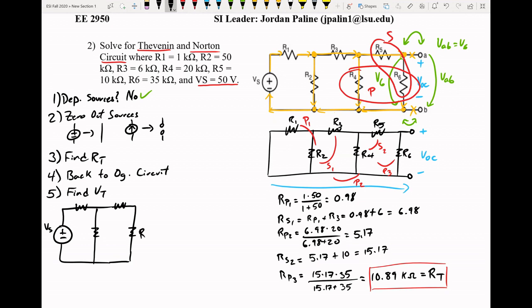So this will be R parallel 1. This would be R5. Oh, sorry, R3.